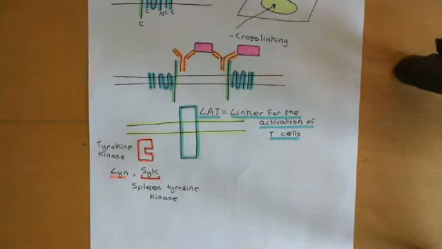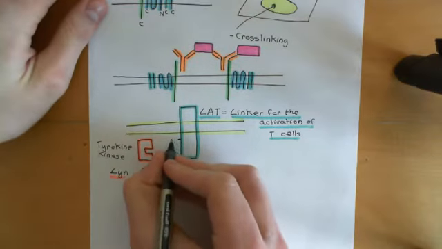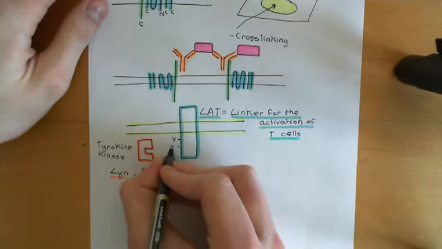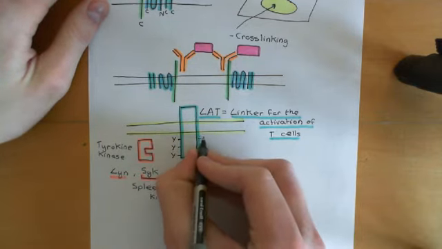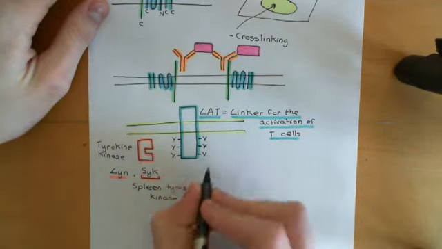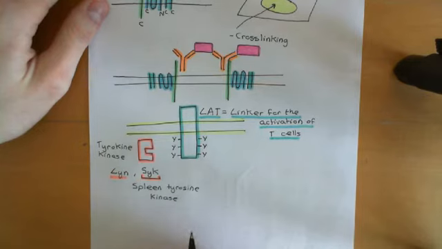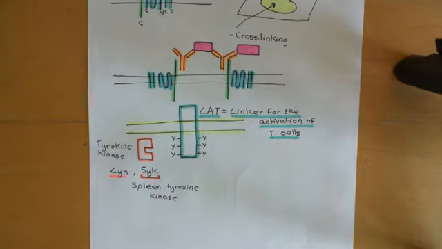Now they've been activated, they are going to phosphorylate tyrosine residues on the intracellular aspect of the linker for the activation of T cells. The linker for the activation of T cells will have lots of tyrosine residues on its intracellular side, which I'm going to show as Y, the single letter code for tyrosine. Basically, these tyrosine kinases, Lyn kinase and Syk kinase, can now phosphorylate those tyrosines.